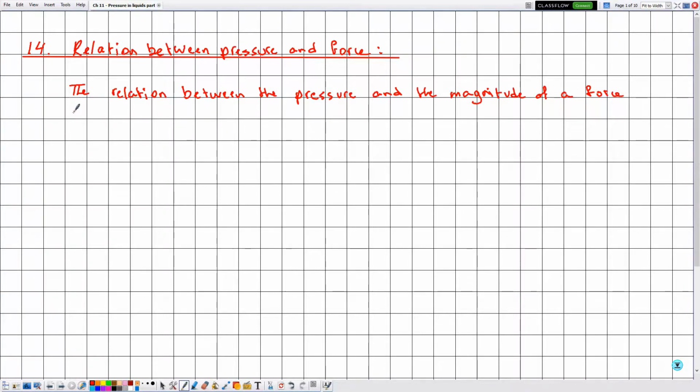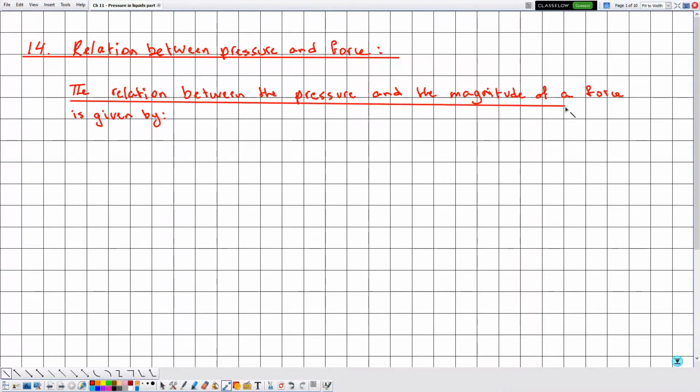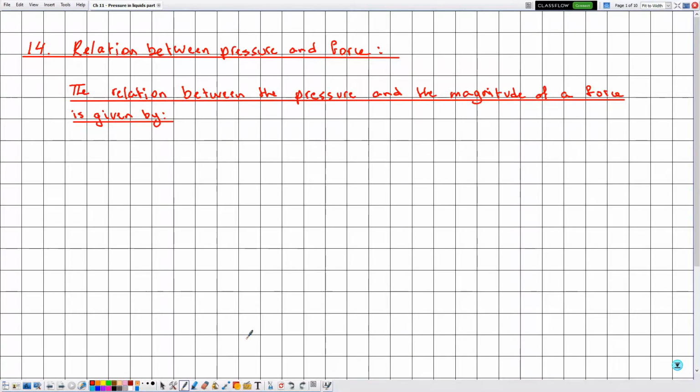The pressure, which is denoted P, is equal to what?